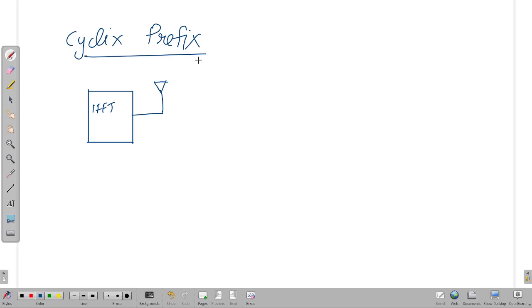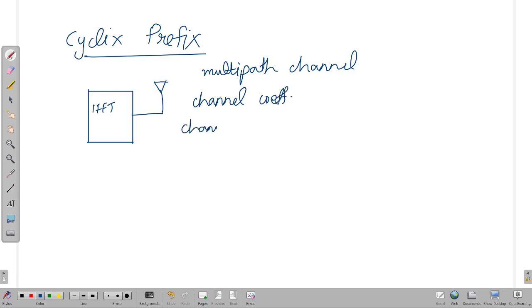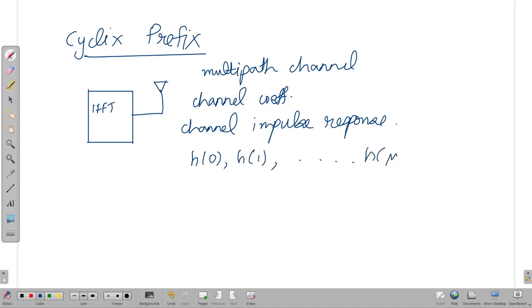This wireless channel is usually a multipath channel, with channel coefficients, or you can say the channel impulse response. We have discussed that before. The channel impulse response is given by h of 0, h of 1, etc., up to h of mu.